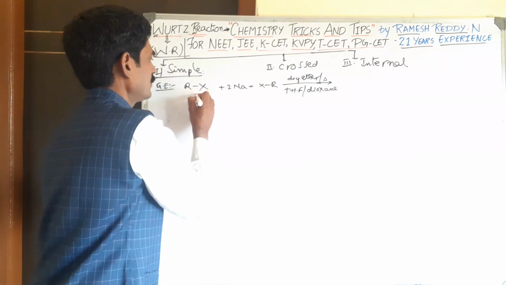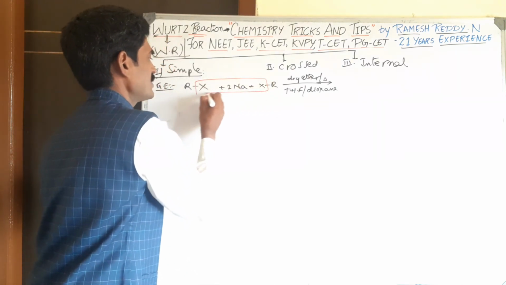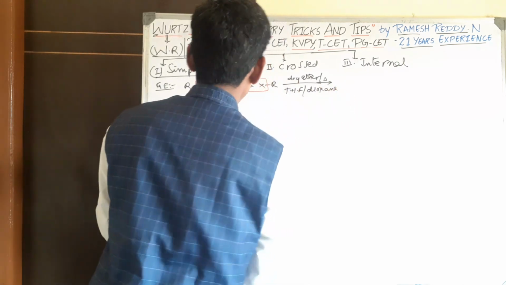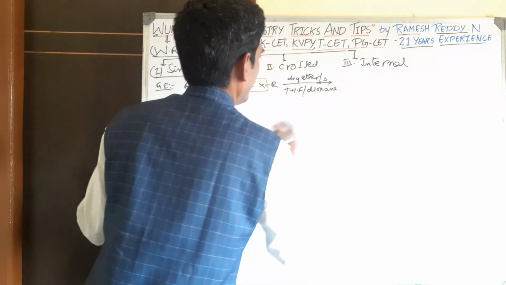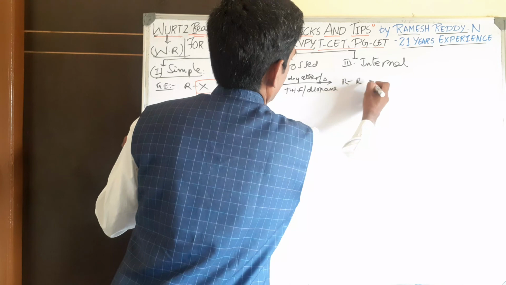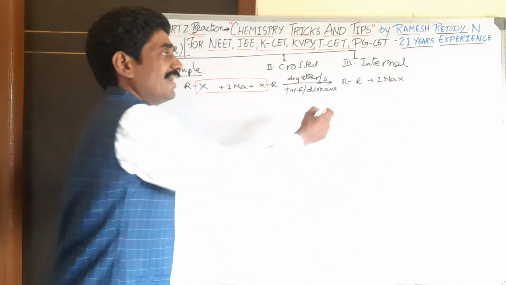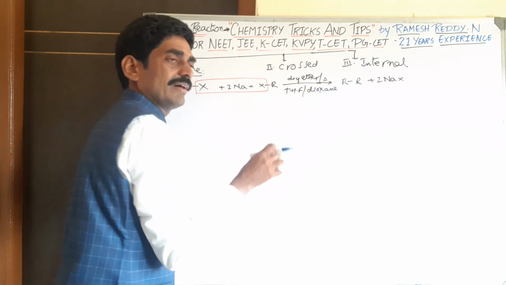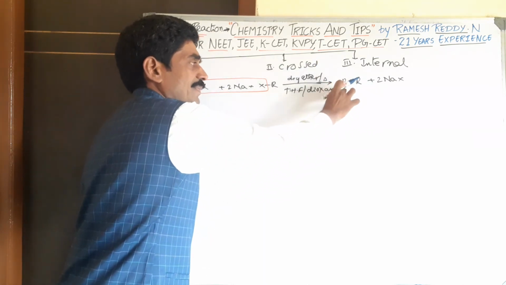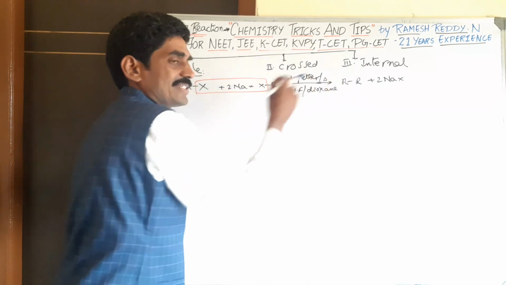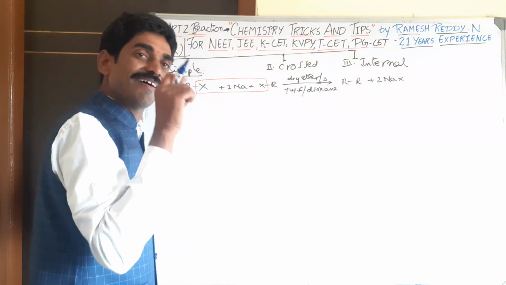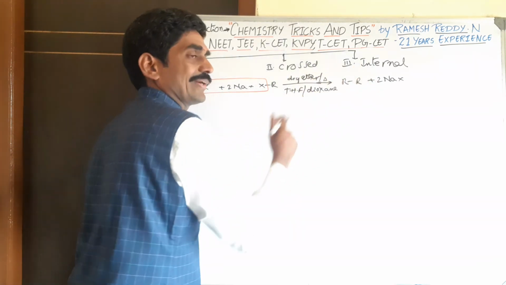Now what happened here? Sodium combines with halogen and is removed as NaX, and the 2 alkyl groups are combined. We will get R-R and 2 moles of NaX. Two similar alkyl groups are there, methyl, methyl, or ethyl, ethyl like that. So that's why it is a symmetrical alkane. If you cut it through the bond, you will get 2 equal halves, right?